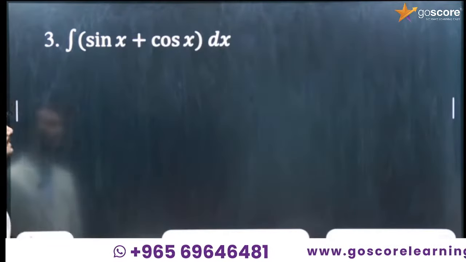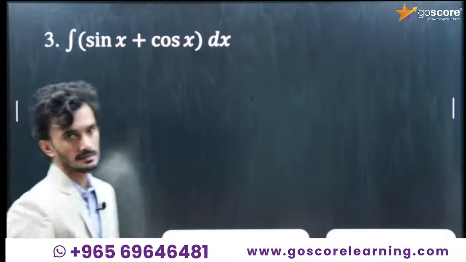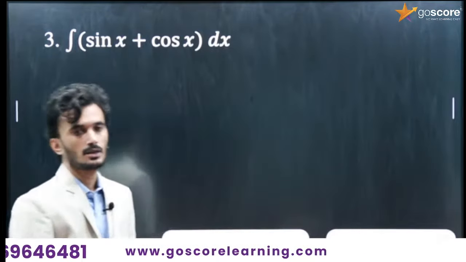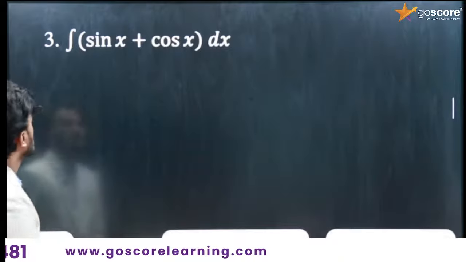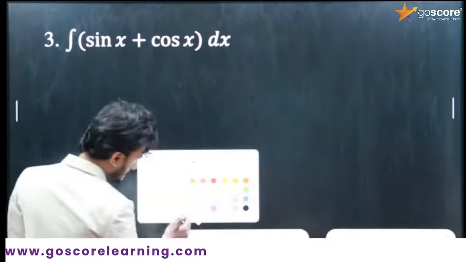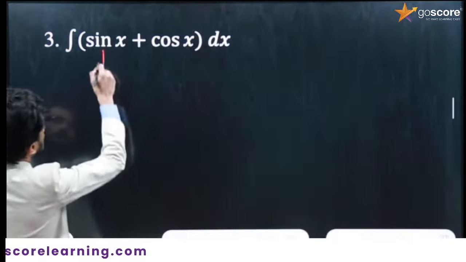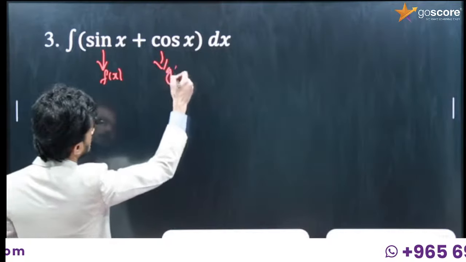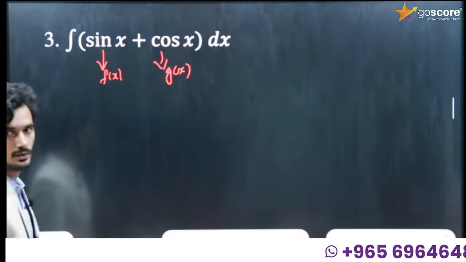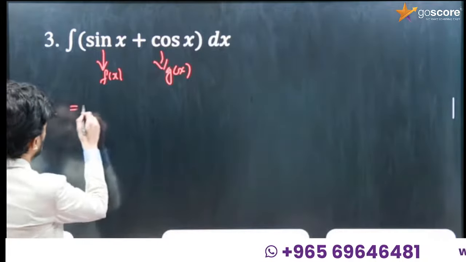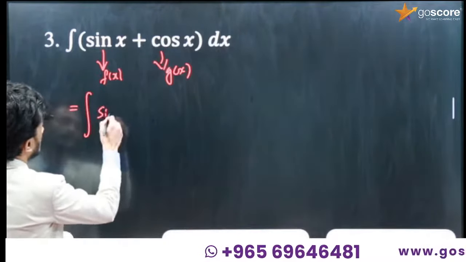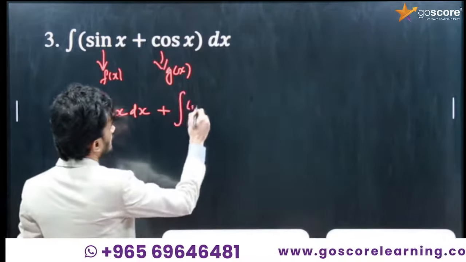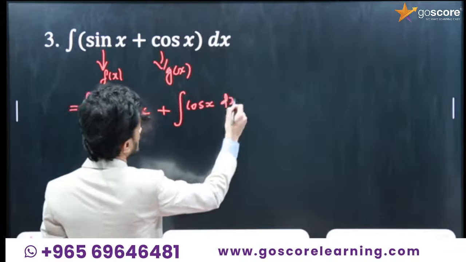Next, integrate sin x plus cos x. This function is f of x, the second function is g of x, so by the property of integration it is equal to integral sin x dx plus integral cos x dx.